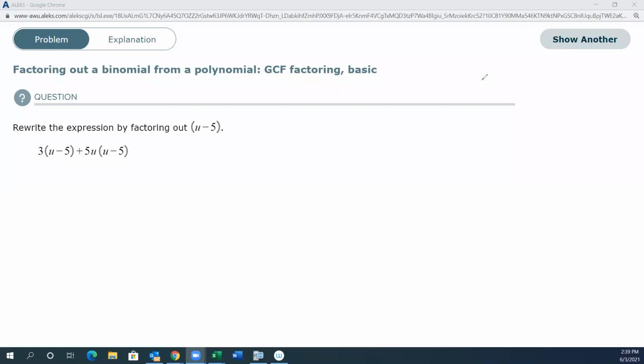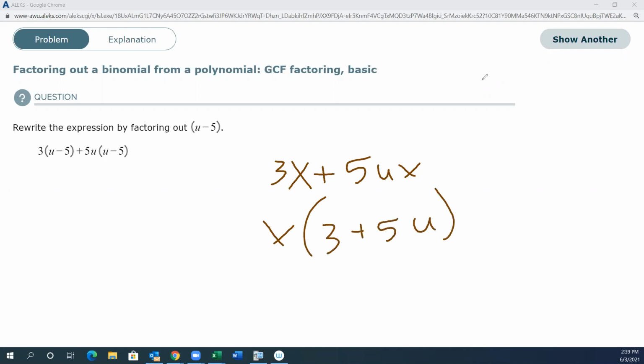All right, now on this one, we notice that we've got u minus 5 appearing twice. This problem is basically just like saying 3x plus 5ux. We say, hey, they both have an x. I can pull an x out of there, and I end up with that, similar to what we were just doing.